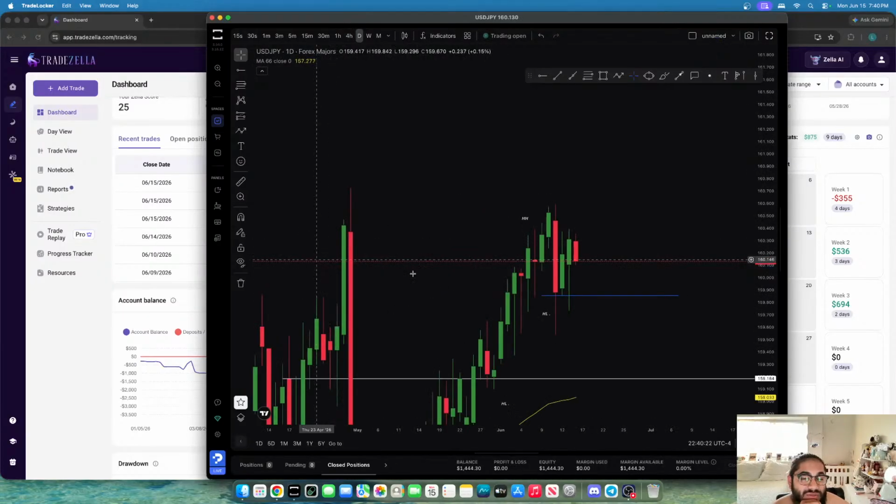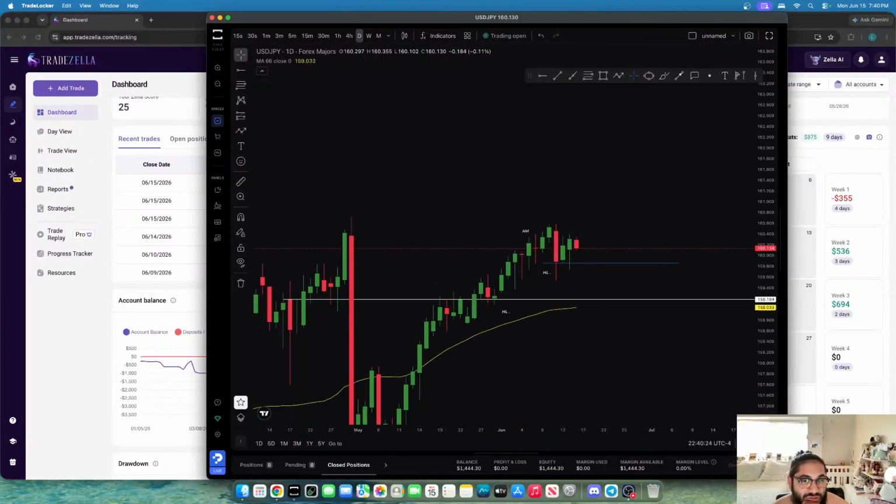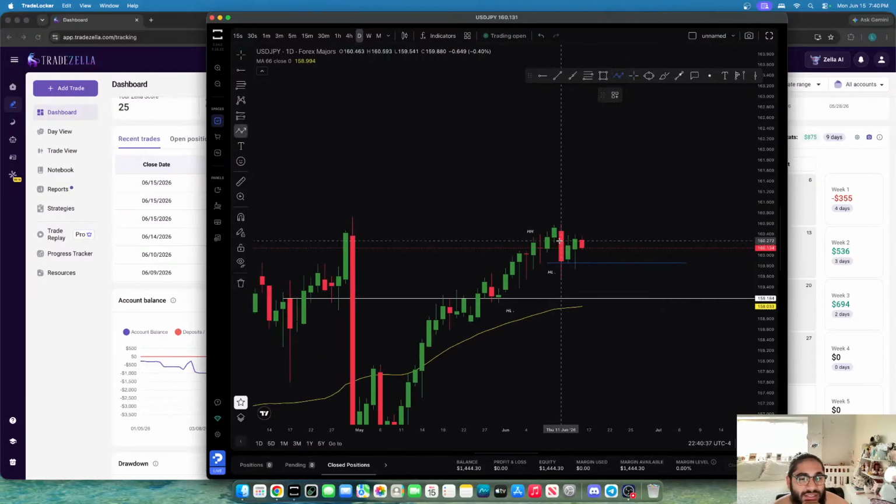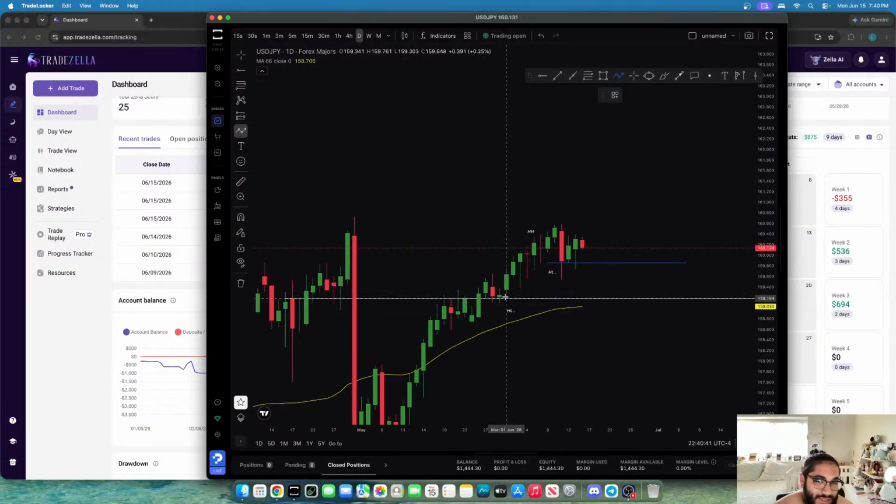Because now, just based off structure, higher low, higher high, higher low, and now this is pretty much starting to form like a lower high point here. And that's what we want, right? Because again, daily, just getting a bearish candle doesn't really do us anything, right?